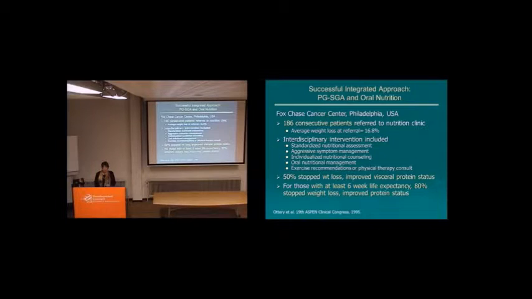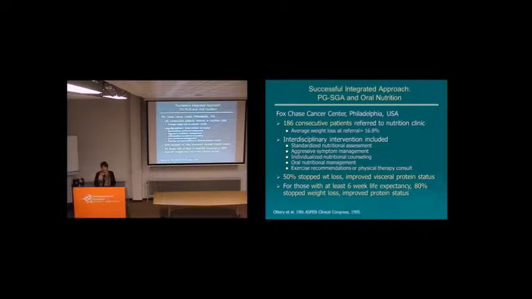And basically, we looked at this idea of a score, and we looked at 186 consecutive patients who were referred to the nutrition clinic. The average weight loss at the time of referral to the nutrition clinic was 16.8%. Is that early intervention, preventative intervention, or is it really almost malpractice?